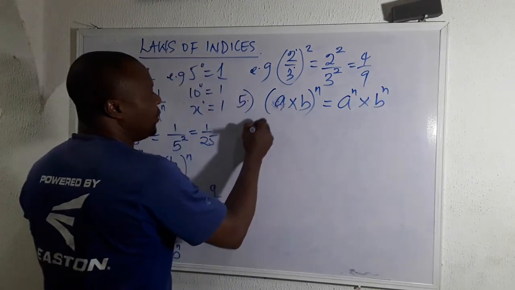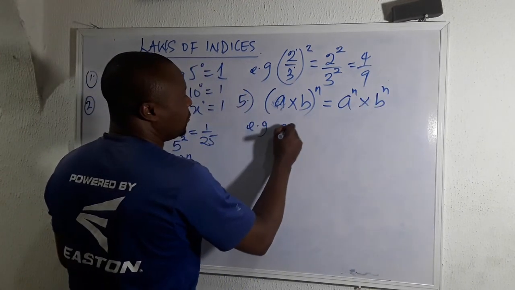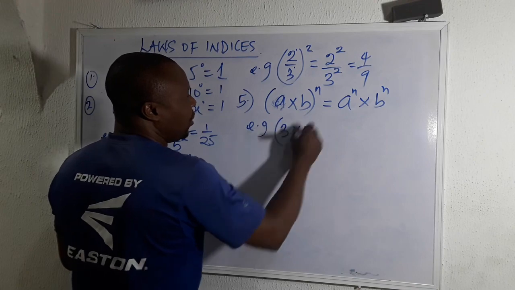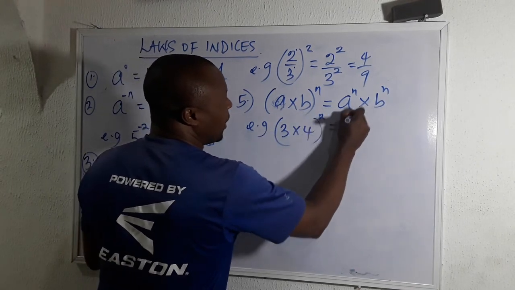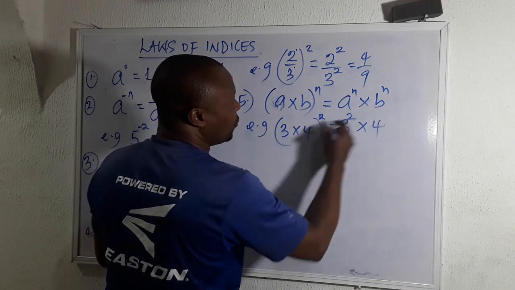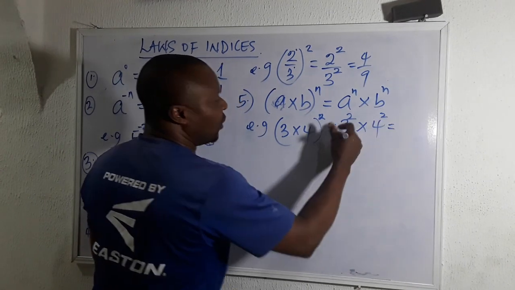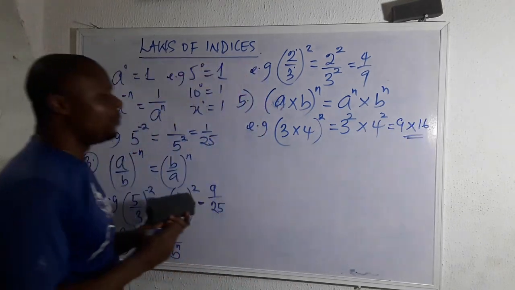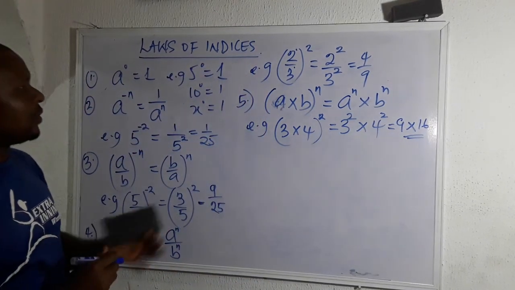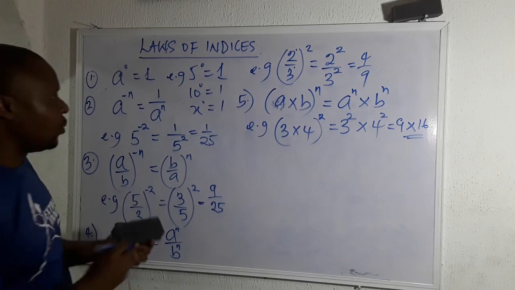An example would be 3 times 4 all raised to power 2. That will be 3 raised to power 2 times 4 raised to power 2, and that would be 9 times 16.